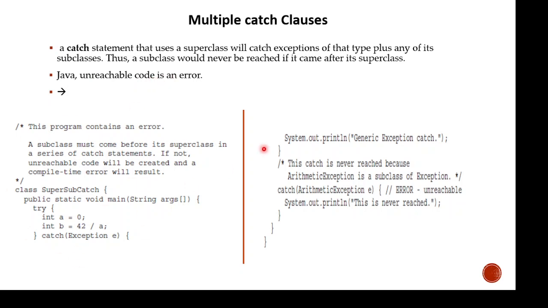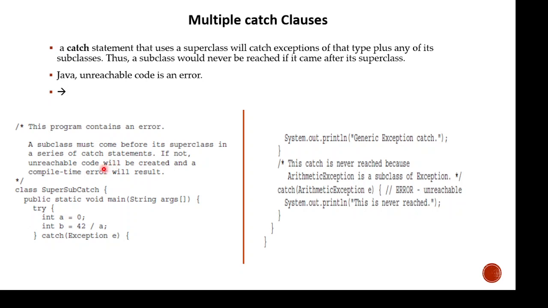So this program is trying to show us one very important thing: exception subclasses must come before any of their superclasses. If there is a superclass, then the subclass exception should come before that. Then only it will execute. Whatever program we see right now will cause us an error.